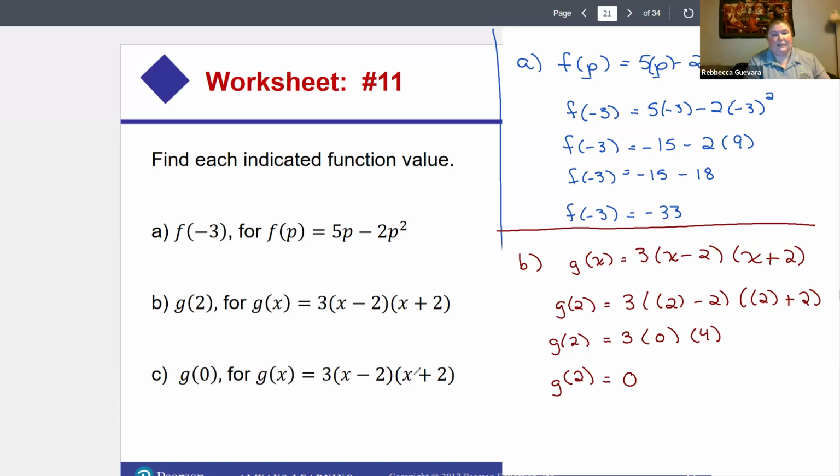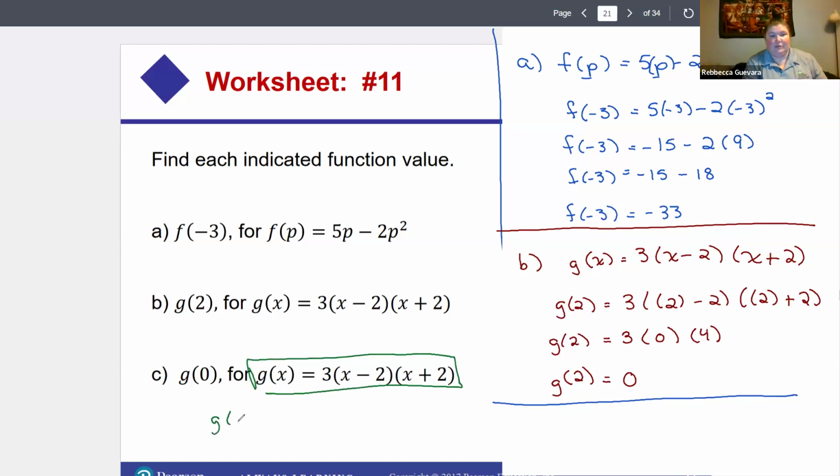All right, and then our last one, we're going to use all this space down here. So we have our function here. And this time we're looking for g of 0. So I'm going to replace x with 0.